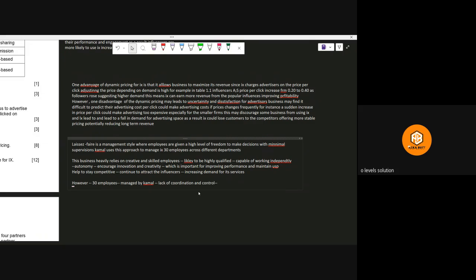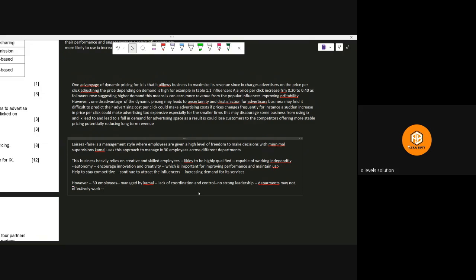And how does this lead to what? Without strong leadership, it means that the departments may not work effectively.